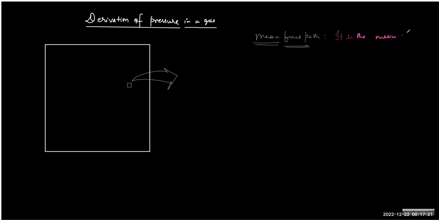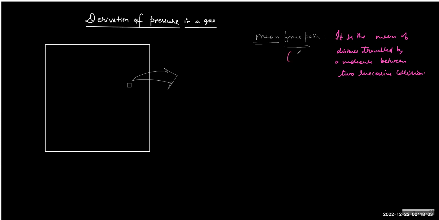So it is the mean or average of the distance traveled by a molecule between two successive collisions. Is this clear?